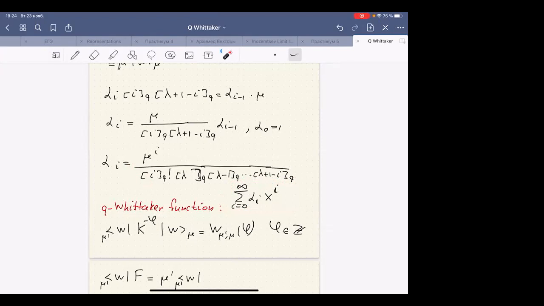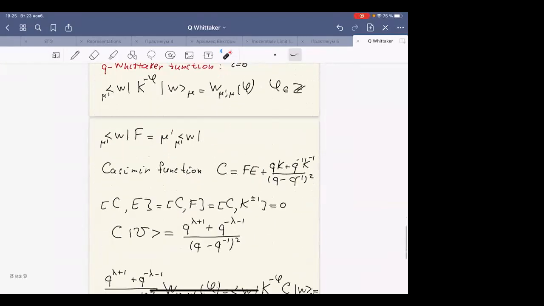But definitely it is not a solution of the difference equation if we replace x with phi, for example. At least because the difference equation depends on two parameters, mu and mu prime, and here we have only one.